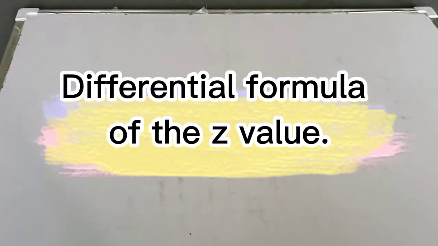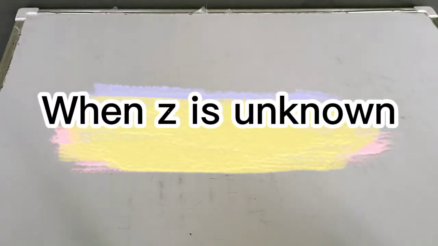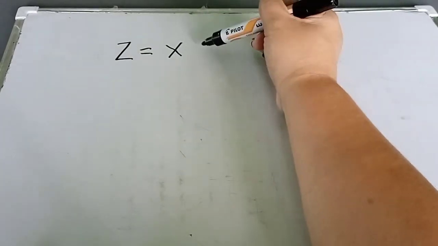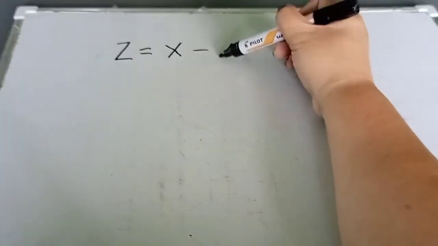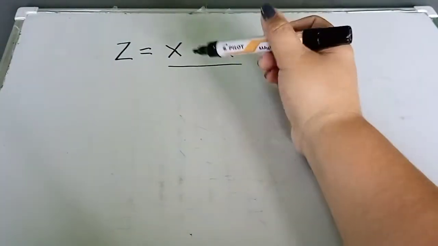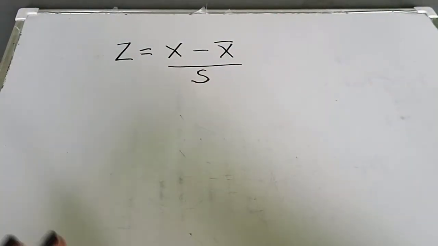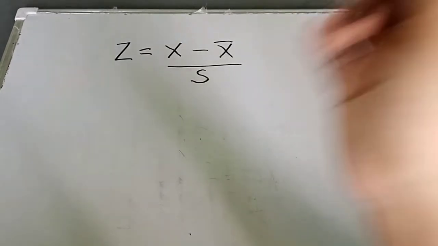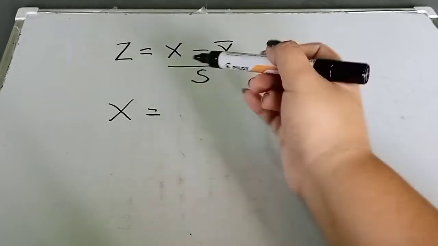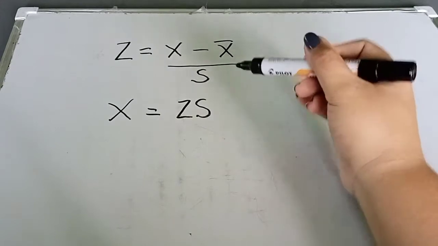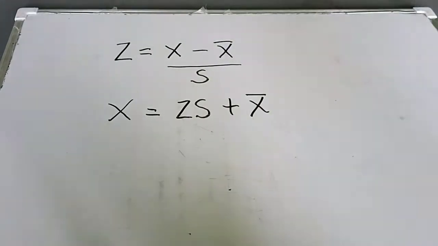Now class, let us discuss the formulas of the z value. When the standard score is unknown, the computing formula is: the standard score is equivalent to the given measurement minus the sample mean, all over the sample standard deviation. The formula may be simplified: if you are finding the given measurement, we use the product of the z-score and the sample standard deviation, plus the mean.